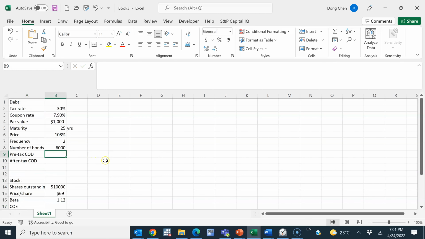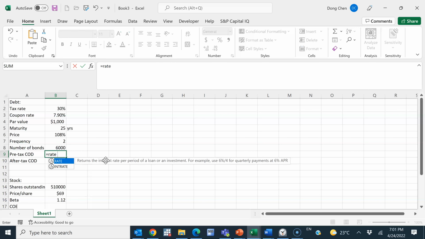So pre-tax cost of debt basically is the yield to maturity, right? But here, since we have a semi-annual bond, if we use the rate function, we know that this will give us the semi-annual yield to maturity. So after we use the rate function, we still need to multiply by 2 to get the annual yield to maturity.